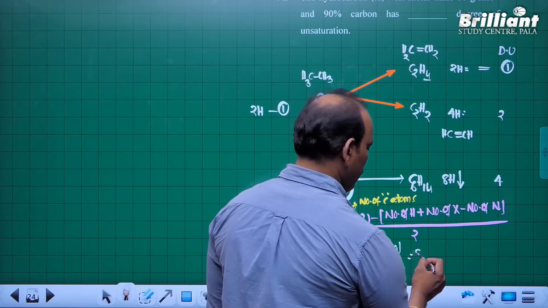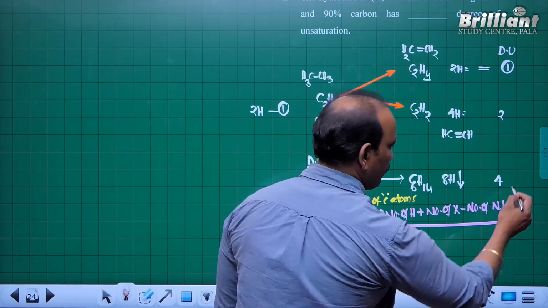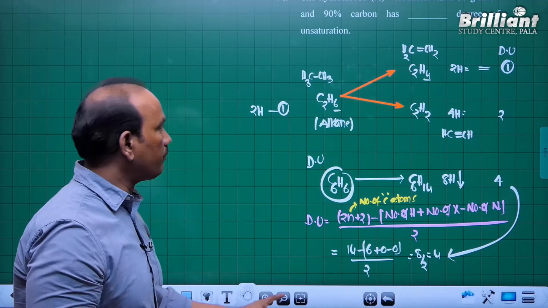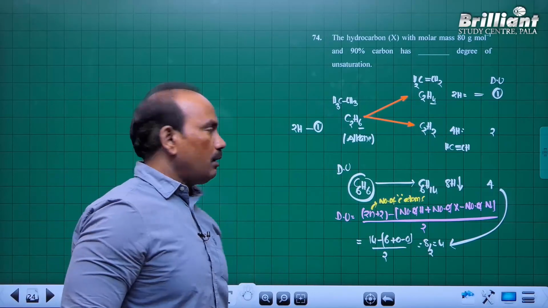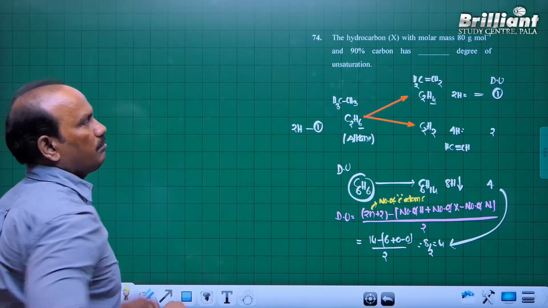That means 8 by 2 equals 4. Both are the same. This is the DU story. Clear? Now we are coming to the carbon compound.